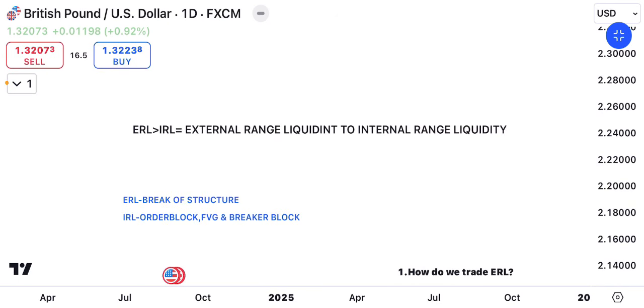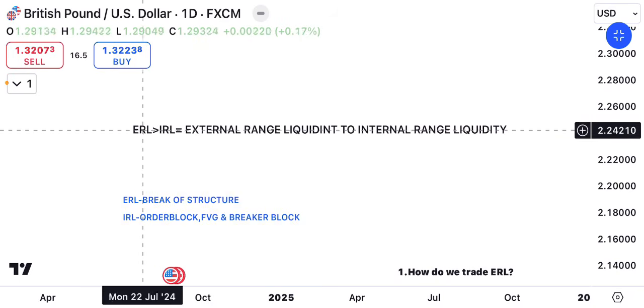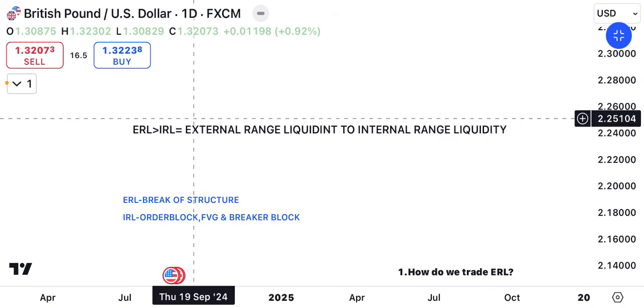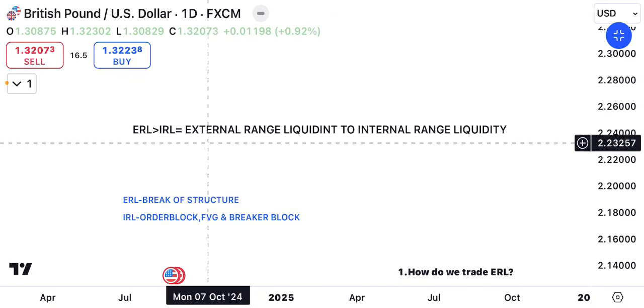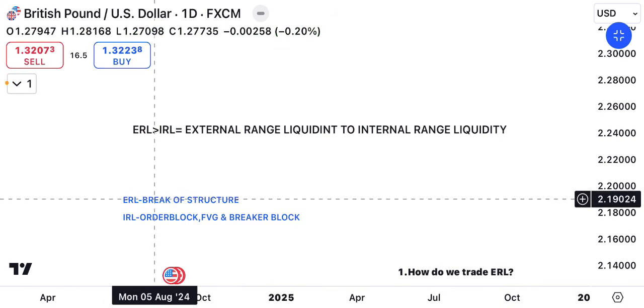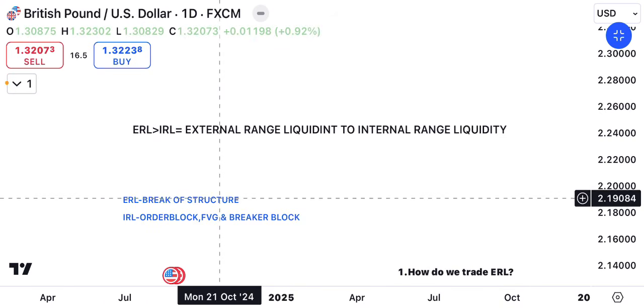So this is the name of the strategy: external range to internal range liquidity. The name of the strategy is ERL to IRL. So what is an ERL? An ERL is basically a break of structure of any trend.